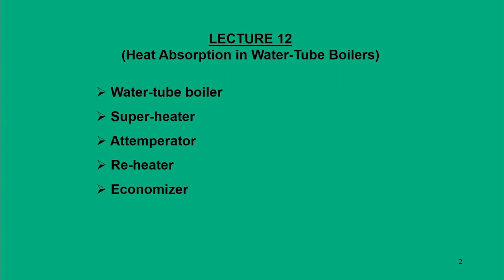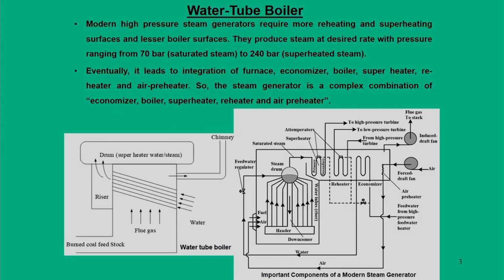in the subsequent part. Let us revisit what we discussed in our last lecture, the water tube boiler. A water tube boiler has important components like the steam drum, superheater, reheater, economizer, air preheater and of course headers, downcomers and risers.